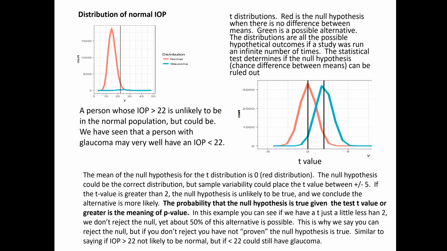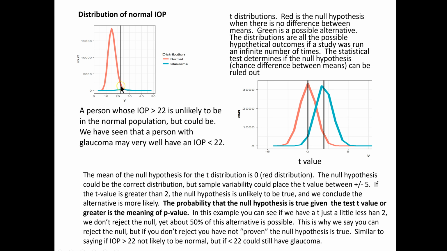Let's take a look and relate it to what we've seen before. So this graph up here is the distribution of normal intraocular pressures. This is from the Beaver Dam study, and we talked about it a couple weeks ago. The red is the normal, and the blue is those with glaucoma.